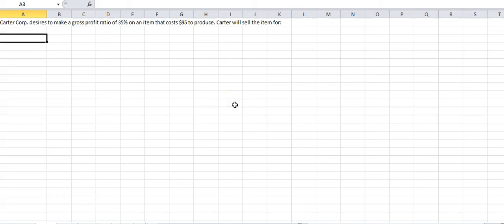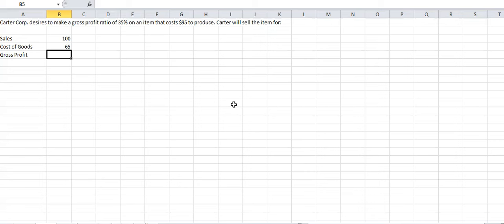Let me just give you an overview of what gross profit is and sales and gross profits and so forth, right? So if you sell an item, let's put sales for $100, and the item cost you, cost of goods, let's say $65, then your gross profit was how much?